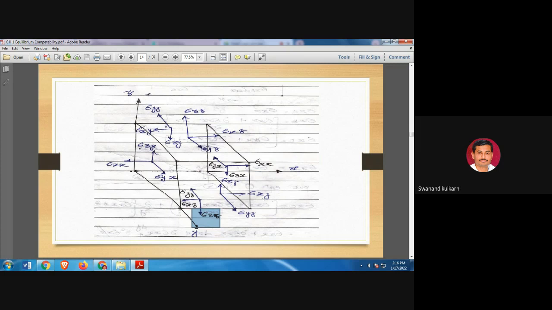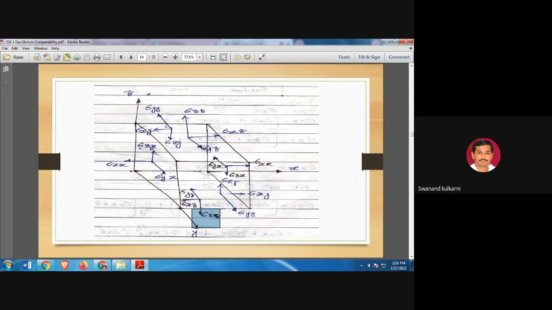If we count one direct stress component on each surface, it becomes 6. So the six components of direct stresses are available here.